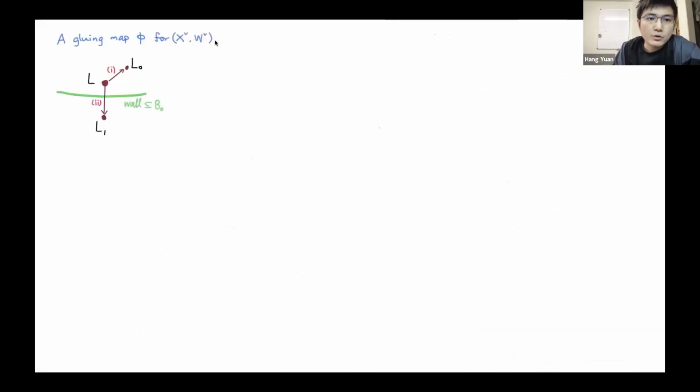So a gluing map for the mirror mainly has two situations. You may cross the wall or not cross the wall. If you don't cross the wall, then the two fibers are just identified with the simple map as before.